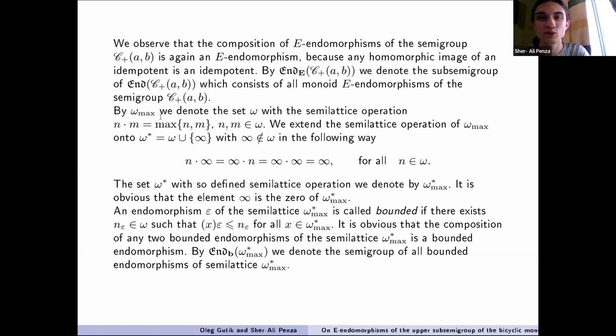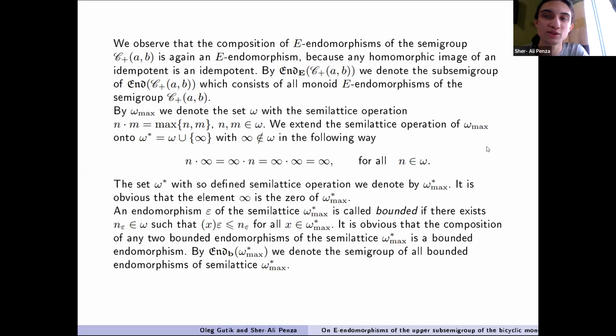By omega max, we denote the set omega with a semilattice operation: n times m equals the maximum of n and m for any n, m in omega.